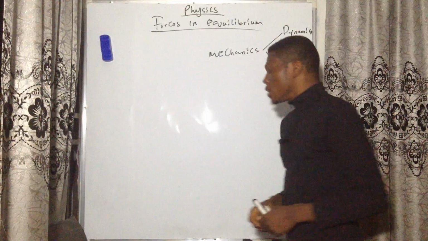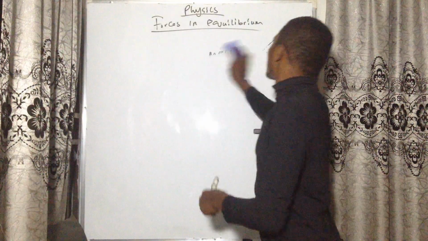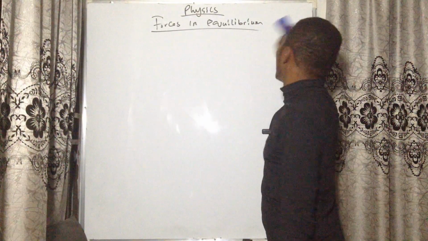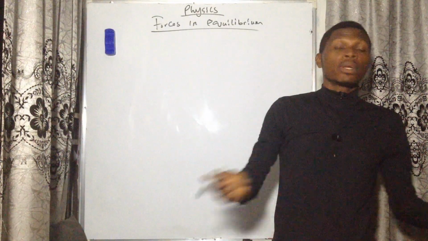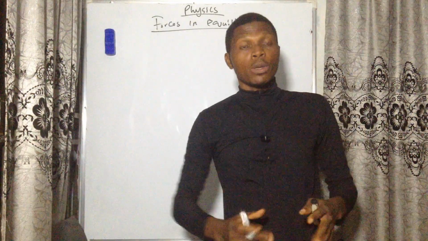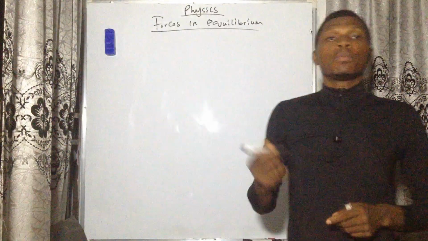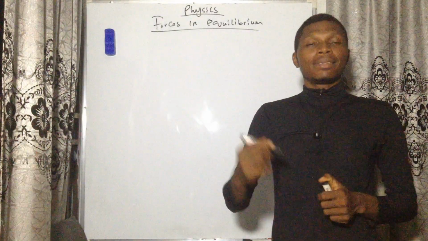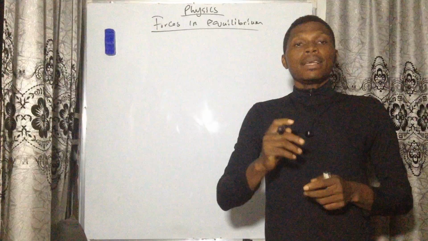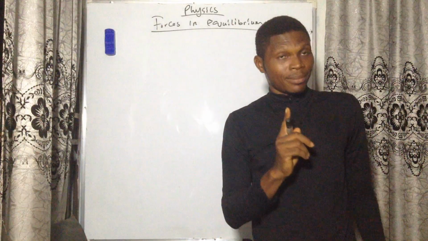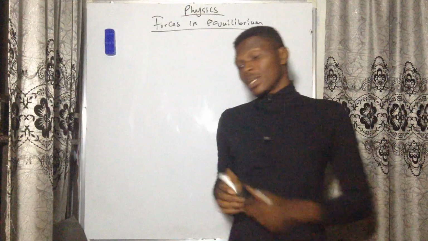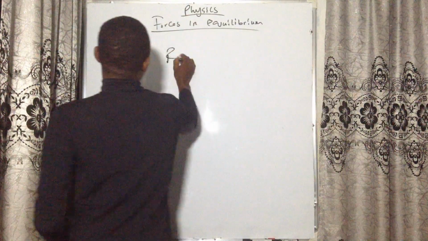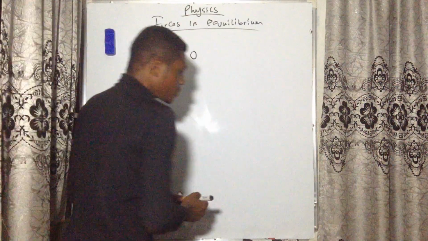Okay. So now let us first of all define or say what it means for a body to be in a state of equilibrium. Now, a body is said to be in a state of equilibrium if condition one, the resultant force on the body is equal to 0. That is, the resultant force R is equal to what? 0.